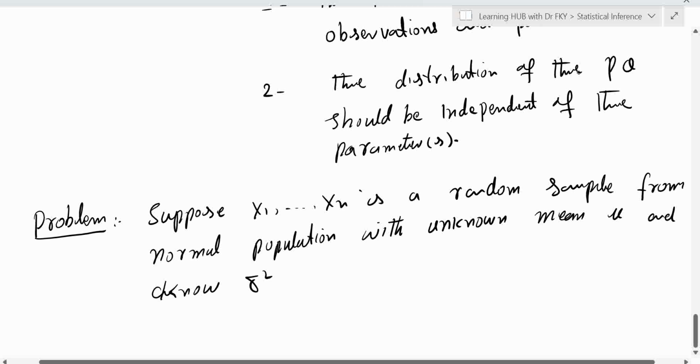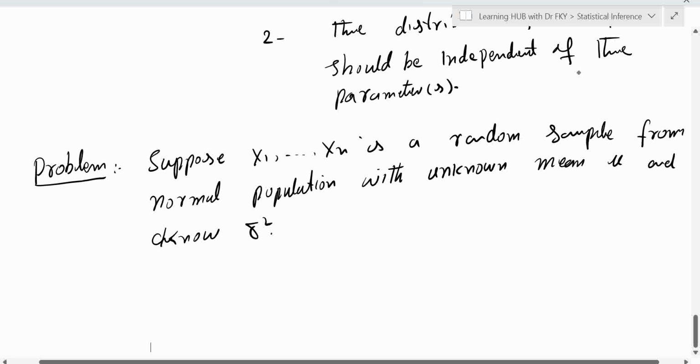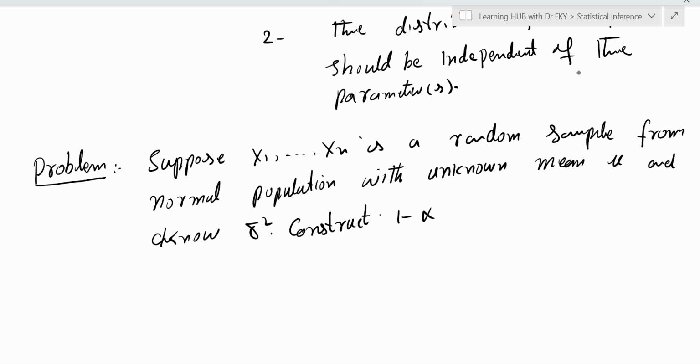There are two possibilities: one is sigma square known and the other is sigma square unknown. So first we go for known sigma square. Now the question is to construct a 100(1 minus alpha) percent confidence interval for mu.